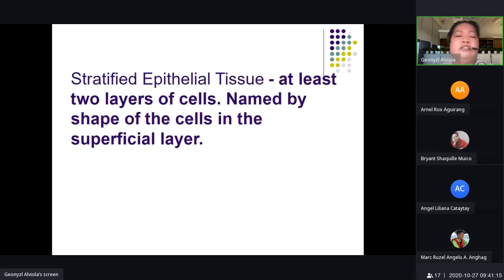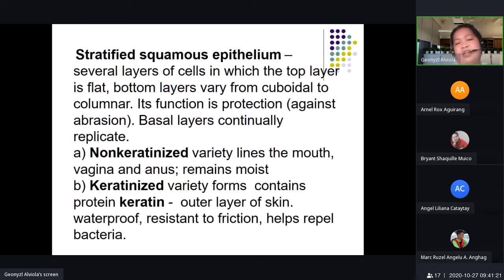Stratified epithelial tissue has at least two layers of cells, named by the shape of the cells in the superficial layer. Stratified squamous epithelium is made up of several layers, like our skin, and we have two types, the keratinized and the non-keratinized.